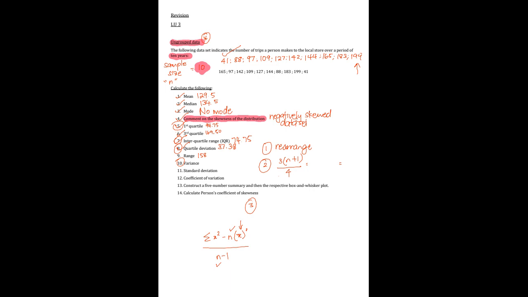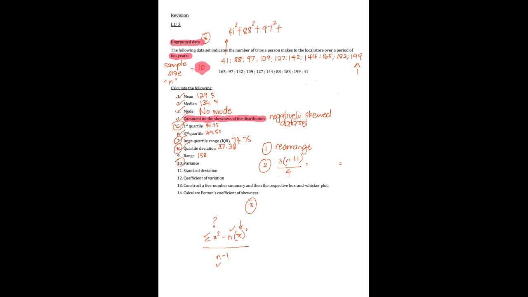To get to the sum of x squared, it's as simple as taking each individual value in your data set and squaring it. So it's basically saying 41 squared, that's the first number, plus 88 squared, plus 97 squared, plus 109 squared, and so on.